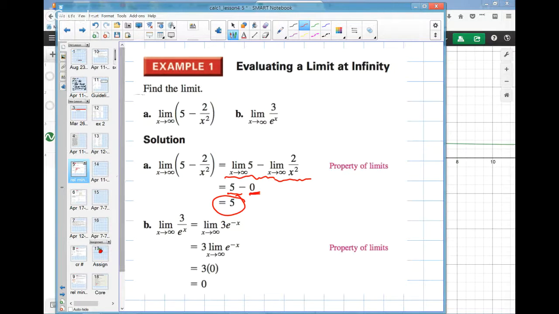Okay, now take a look at this second question. What's the limit of 3 over e to the x as x approaches infinity? So e is about 2.7. What's going to happen when we take 2.7 to an infinite power? It's going to get huge. And what's 3 over a huge number? I mean massive.